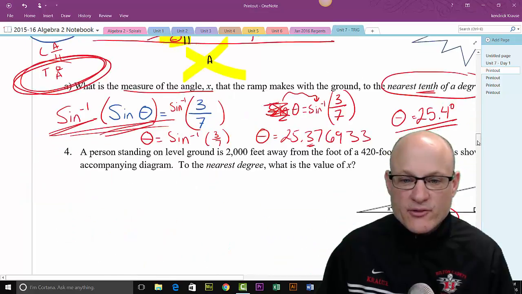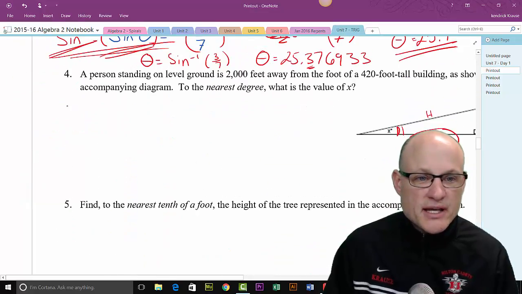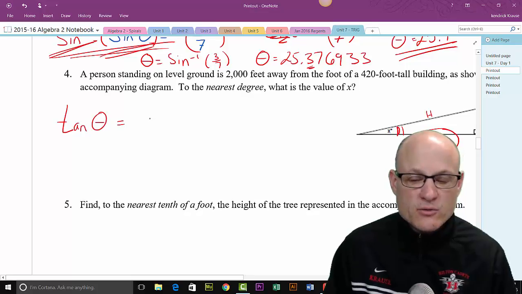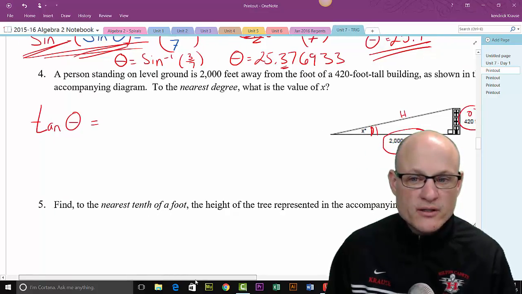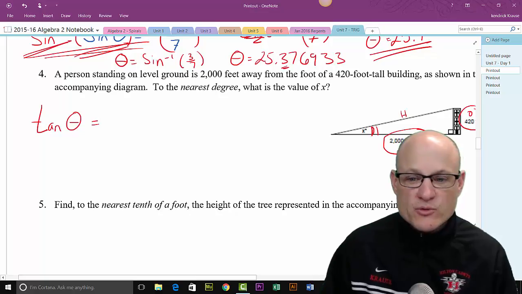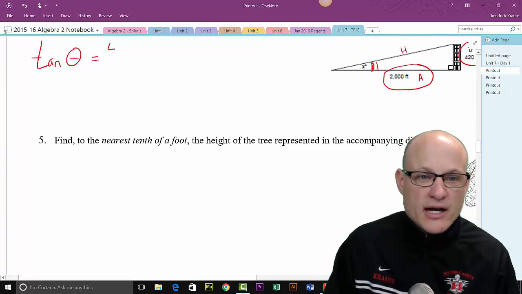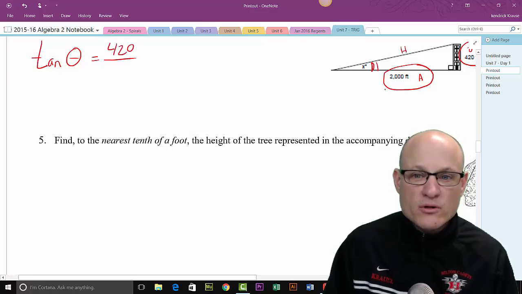Okay, I guess I have to use tangent then. So tangent of theta is equal to opposite, which is 420. I don't know if you can see that behind my head.